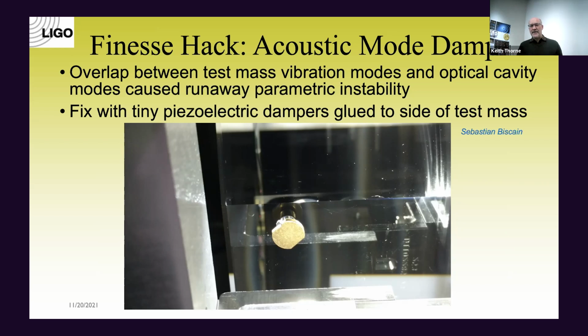But then a really clever mechanical engineer, Sebastian Biscans, came up with using tiny little piezoelectric dampers designed for that frequency range, and they oscillate the other way to help dampen. And here it is, this tiny little thing glued on the side of the big mirror. The only difficult part is you wanted to make sure it didn't fall off. So you had to go in there and push it and glue it on and make sure you have glue that's not going to come off.